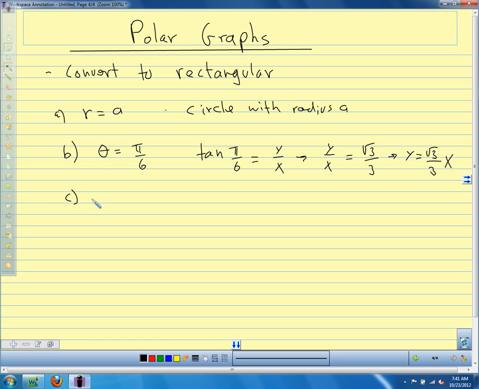So a line through the origin with slope square root of 3 over 3. Even a little more tricky. r equals secant theta. We probably need to do some conversions here. Does anybody have an idea what this might be? No?